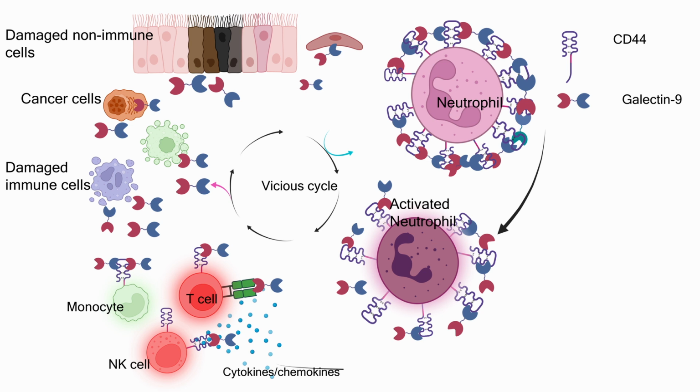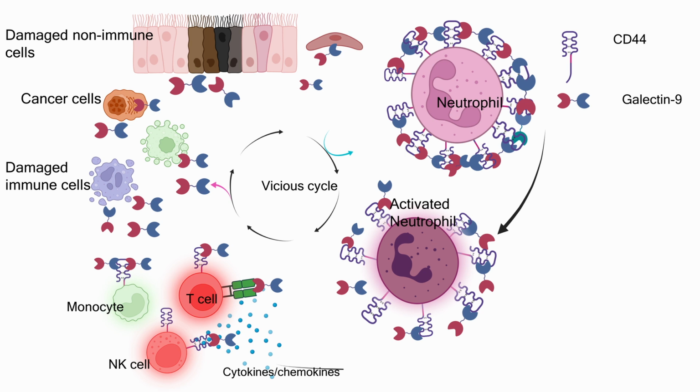So this galectin-9 can interact with different receptors and activate other cells. When the other cells become activated, they also secrete cytokines, chemokines, and also galectin-9. One of the very important cells are neutrophils, as I showed, because these are the most abundant cells. When they become activated, they shed lots of galectin-9.